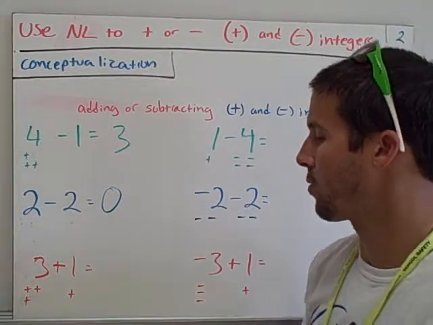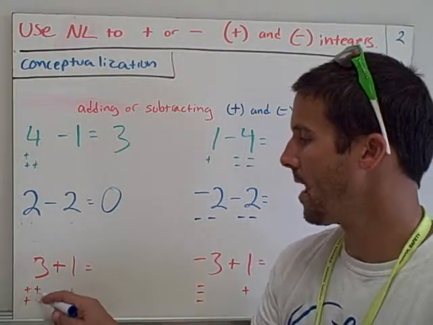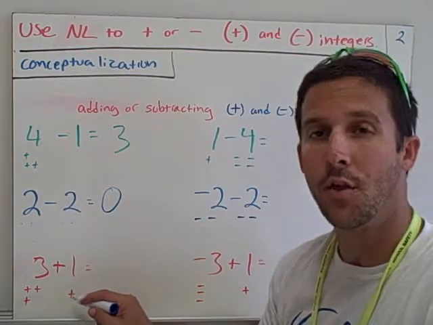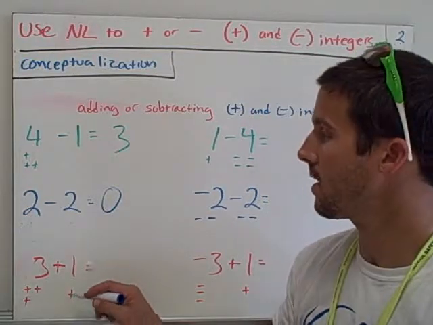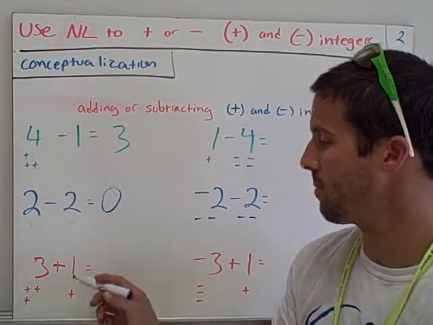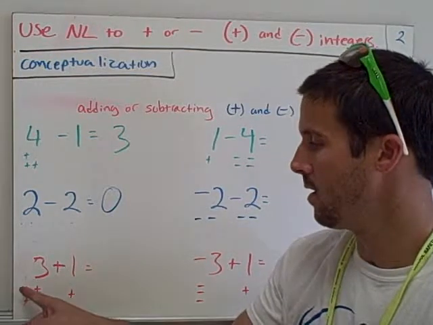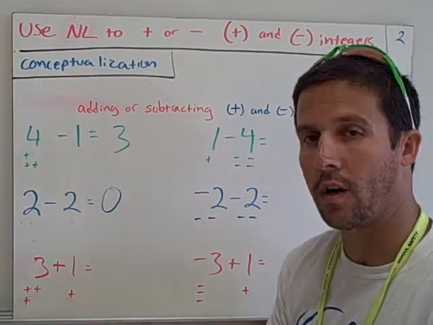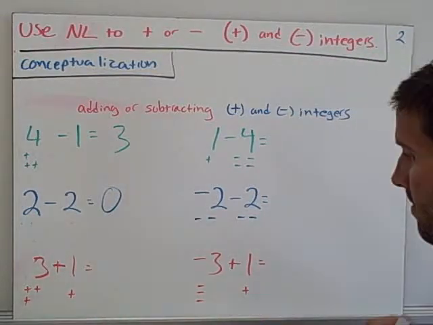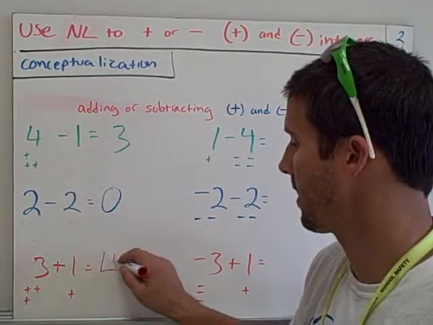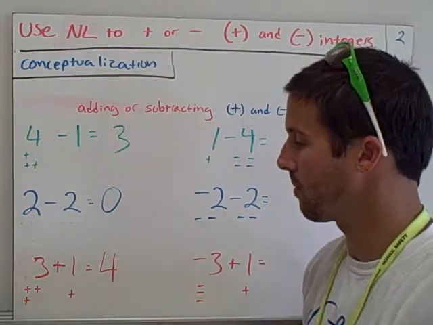How about a 3 plus 1? Well, I have 3 positive signs, and I have another positive sign. This is a little bit different from subtraction. This is basic adding. Since I now have 1, 2, 3, 4 positive signs, I'm just going to make that a 4. And therefore, 3 plus 1 equals 4.